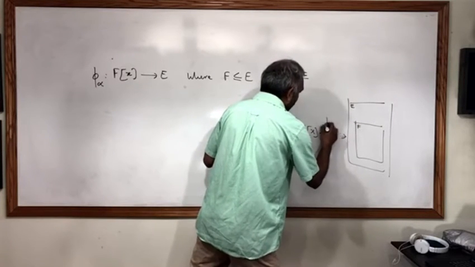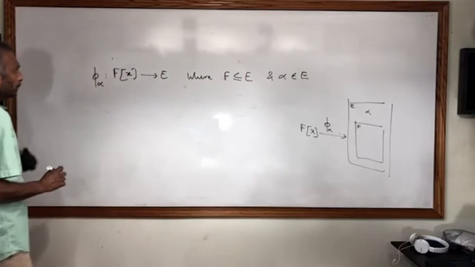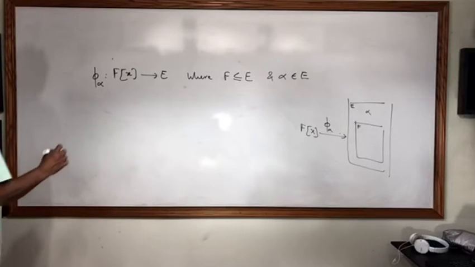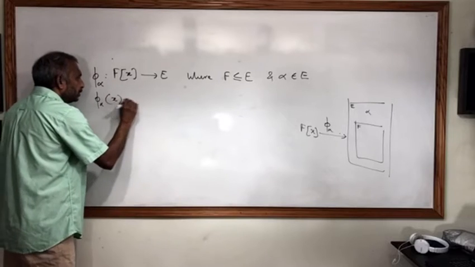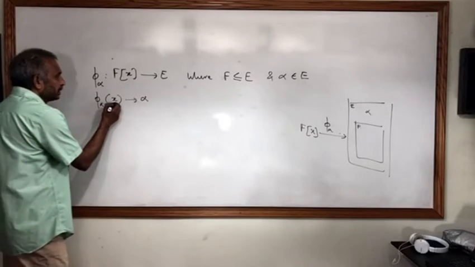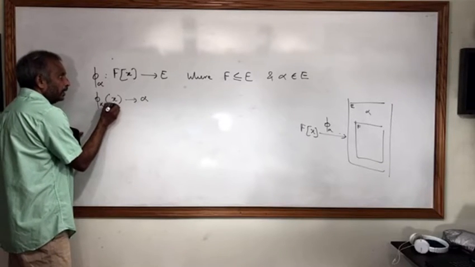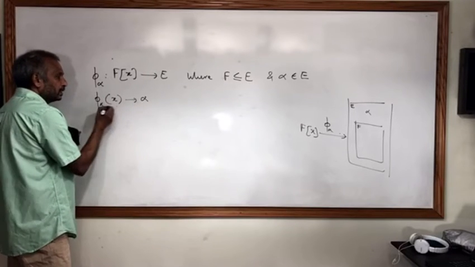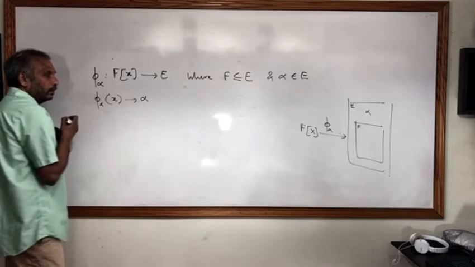This is our phi alpha, and alpha is somewhere here. So phi alpha takes x to alpha, because this is a polynomial in F[x], so replace x by alpha.